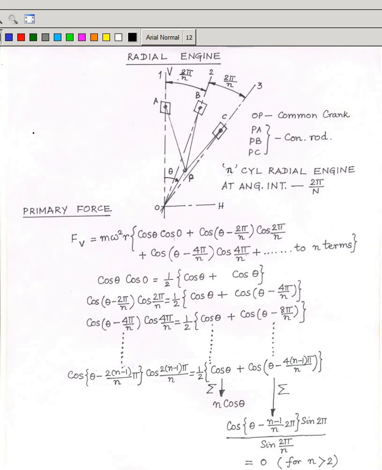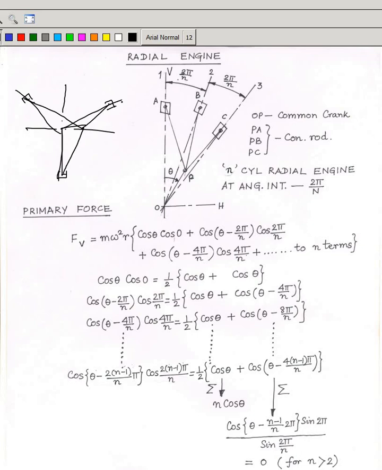Suppose you have a 3-cylinder radial engine, these are maybe the three. So this is how the cylinders are arranged, and there is a common crank. Maybe this is the common crank.